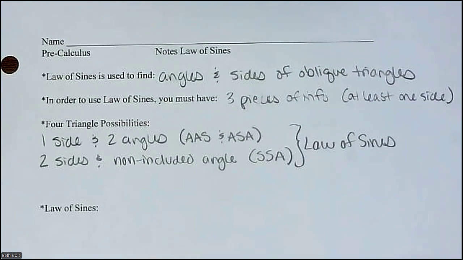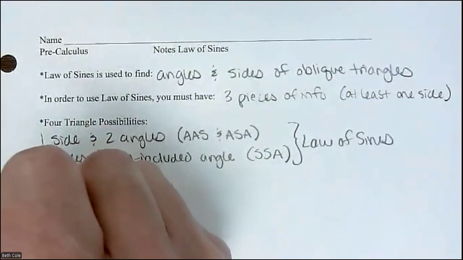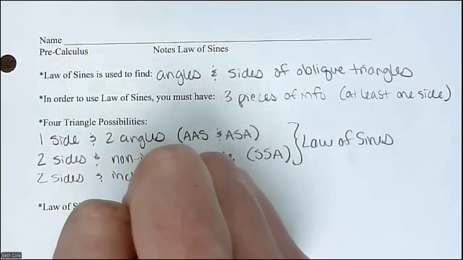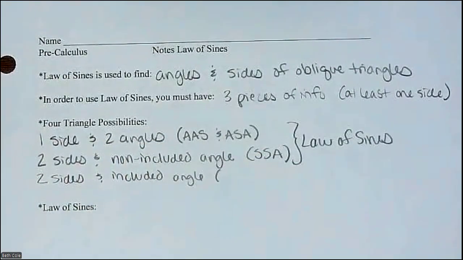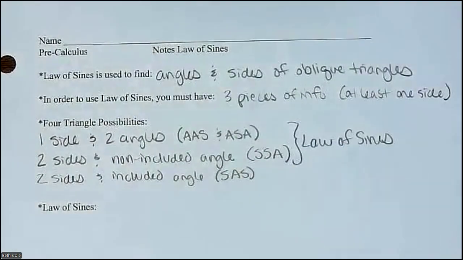But I'm going to keep going and give you a whole overview of everything. You can have 2 sides and the included angle. What would that pattern be? You have 2 sides and 1 angle, but the angle's in between them. Good. That would be SAS, side, angle, side.